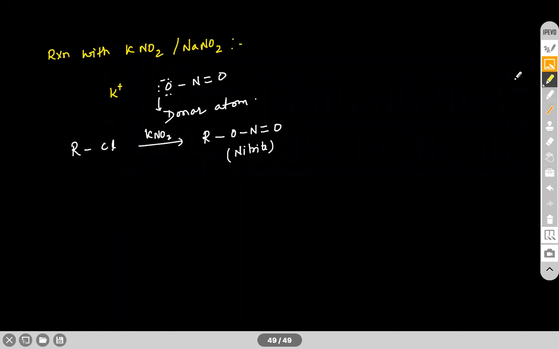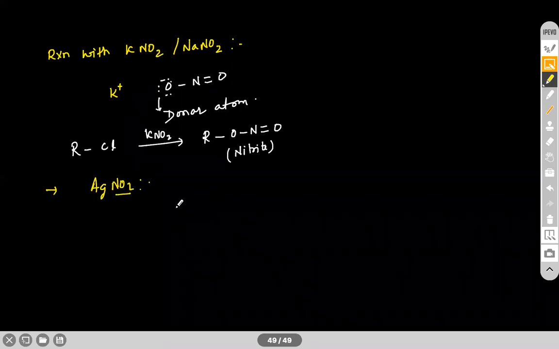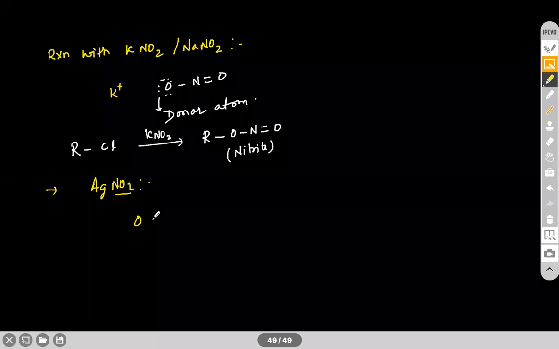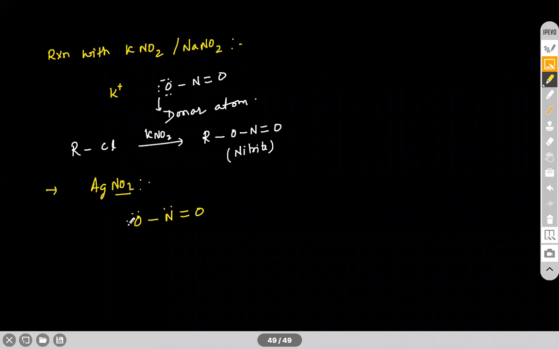But when the reaction takes place with AgNO2, this leads to the formation of ON double bond O and a lone pair here. So here what happens, oxygen is attached with silver, right?